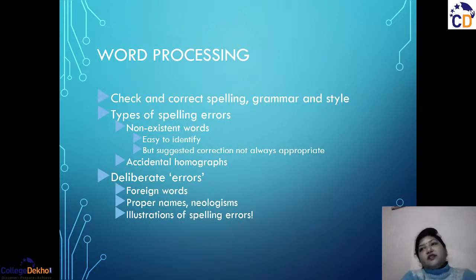Earlier we didn't have predicted text or checking of spellings and grammatical mistakes, or the different types of errors that we may come across while writing any document, right? Or we may face pronunciation errors also, where we pronounce something differently from what it is.